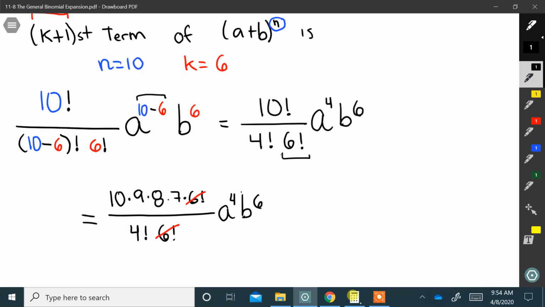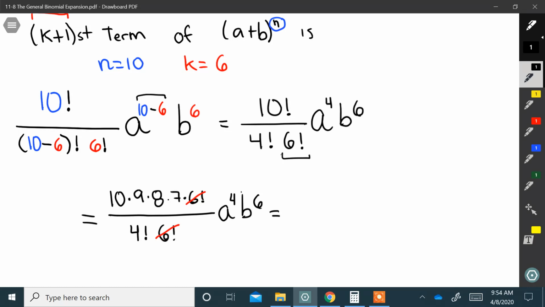Okay? Guys, you could also use your calculator. It's okay to do that. You could also put 10 factorial. It's just a little bit more complicated. All right, so let's go ahead and keep going.